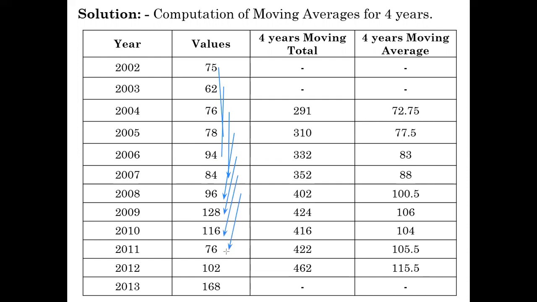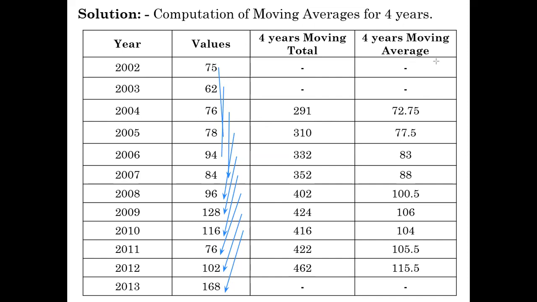Next, 96 to 76. Next, 128 to 102. Next, 116 to 168. Okay. So like this, if you add 4 items, you will get the 4 years moving total. Okay. So next you have to make average.